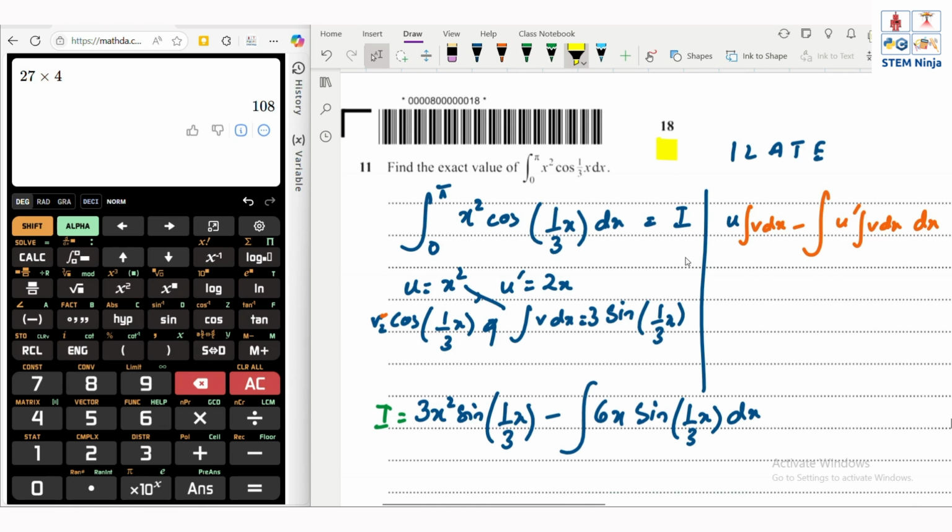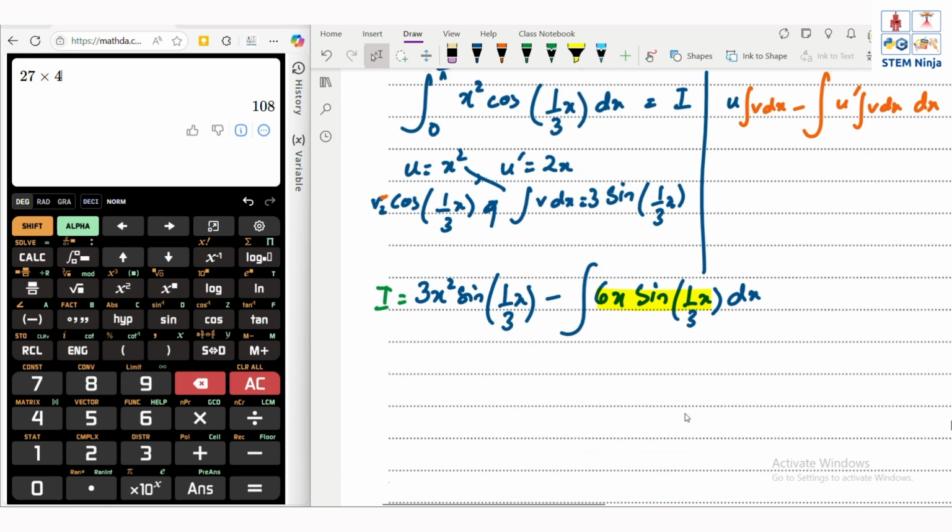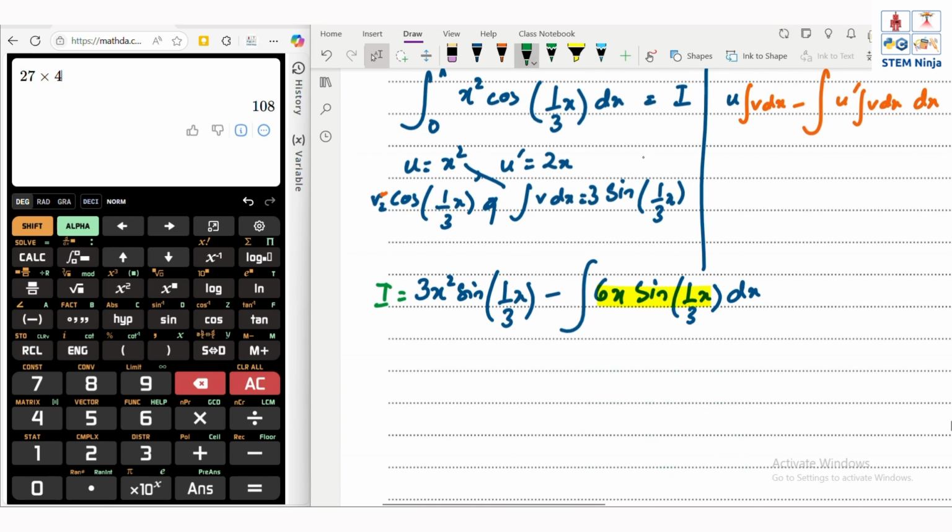So now as you can see, we need to take another step over here. So for that, let's do this on this side.